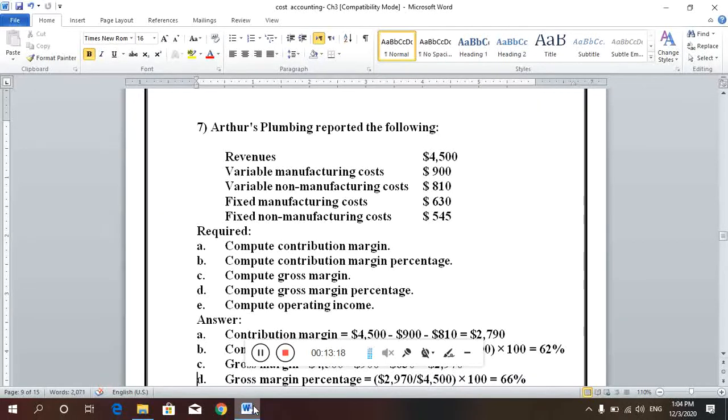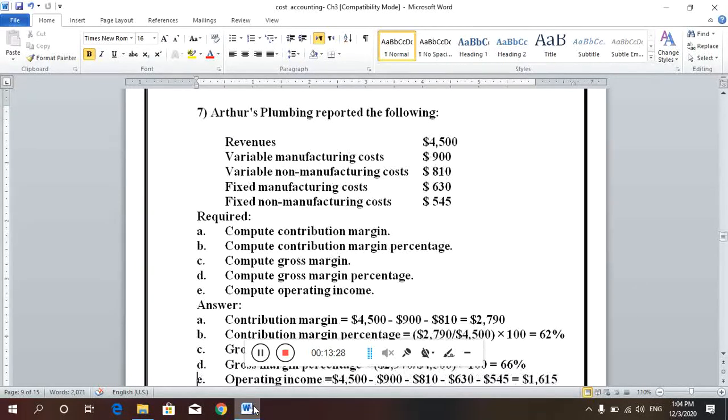So the variable costs will equal $900 plus $810. Sales revenue of $4,500 minus $900 minus $810. It will be $2,790. This is the contribution margin.